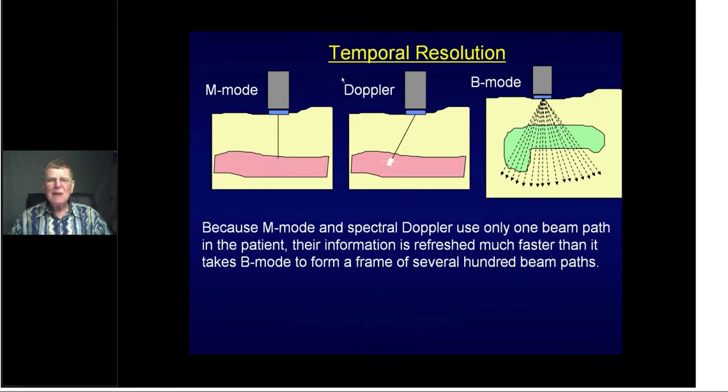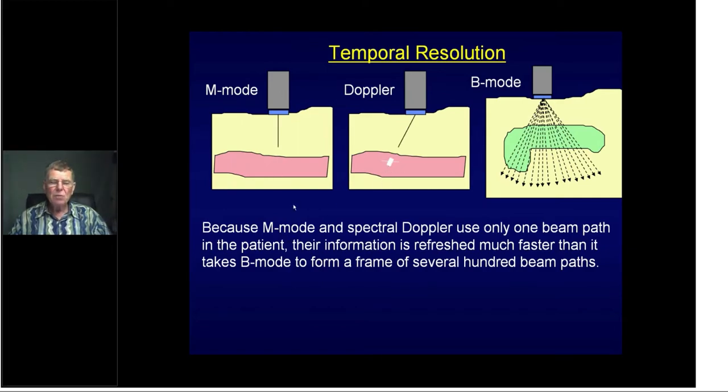Okay, now just one other little comment to make here. Temporal resolution, good question. Is it better in M-mode, Doppler, or B-mode? Or is there any difference? Well, in actual fact, M-mode, and I'm talking about spectral Doppler, not color Doppler, both of those use a single beam path to produce the data set coming back up to the machine, whereas B-mode is using multiple beam paths.